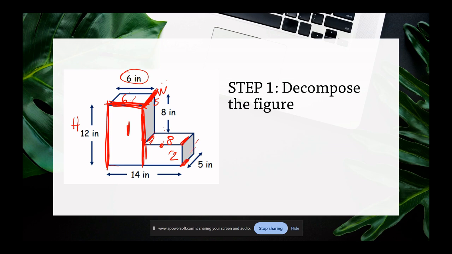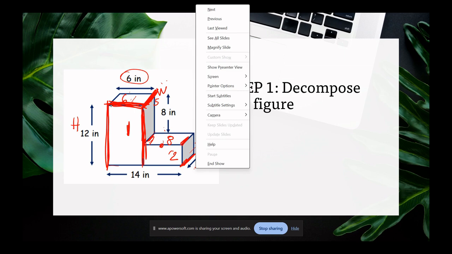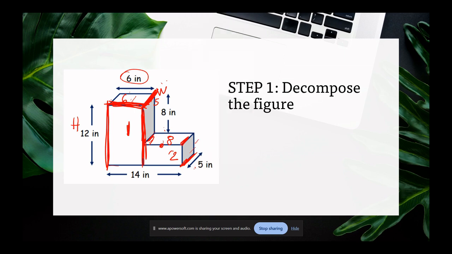My width is the same because my width is 5 inches. But what would my height be? If the total height is 12, but I've used up 8 inches for my height, 12 minus 8 gives me the leftover height of 4.